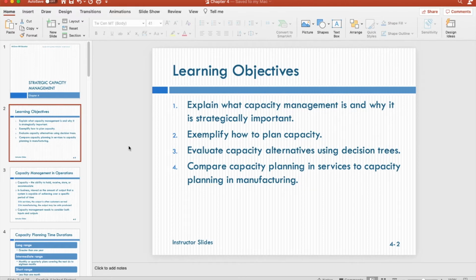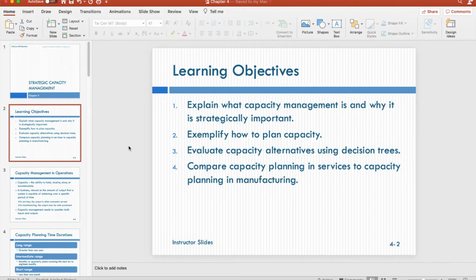So we will briefly talk about what capacity planning in services is, what the difference is between capacity planning in services and in manufacturing, and what the key points are that we need to understand when we are talking about capacity planning in services. These are the main structure of this chapter.